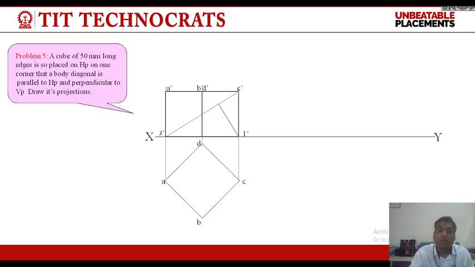For making the solid diagonal perpendicular to VP, first we have to make it parallel to HP. For that, we have done a construction from point 1 dash.